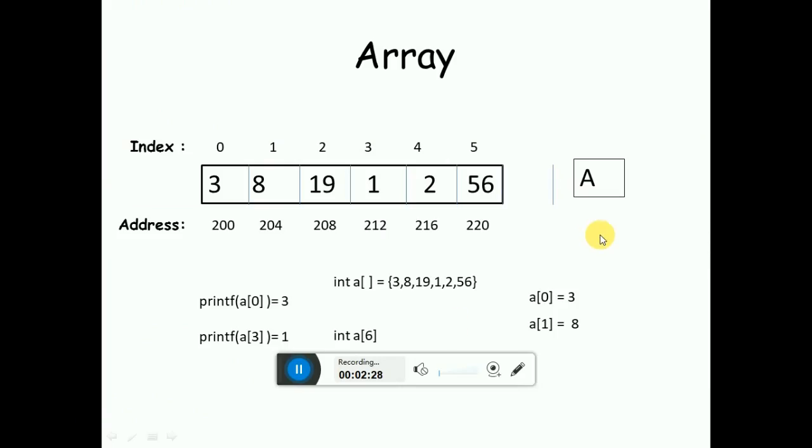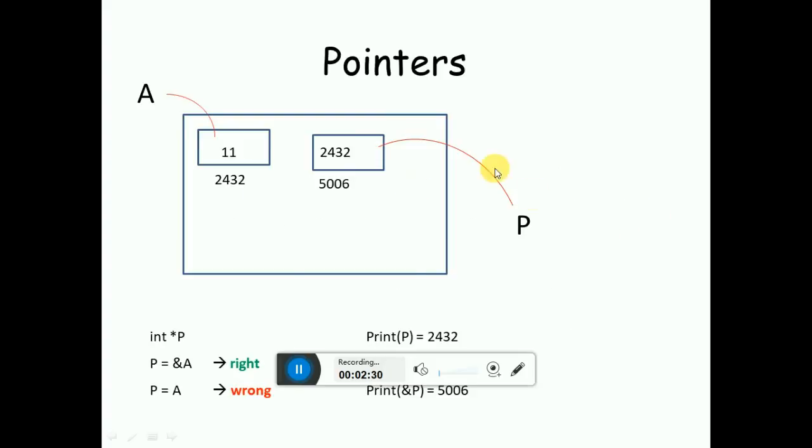What is a pointer? A pointer is basically a memory variable which stores the address of another variable. Like here, p is a pointer, and suppose a is a variable. The value of a is 11. The address of a is 2432.